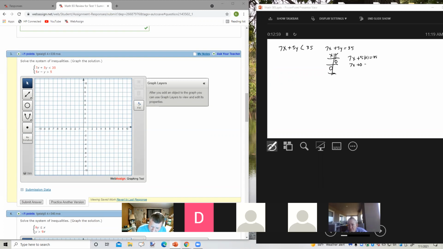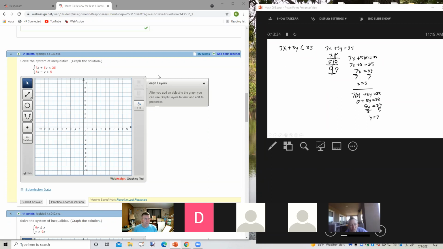So 7x plus 0 equals 35. 7x equals 35. Divide by 7, x equals 5. I think we did one just like this a little while ago. Okay, are we all right with that? If x is 0, 7 times 0 plus 5y equals 35. 0 plus 5y equals 35. 5y equals 35. Divide by 5, y equals 7.